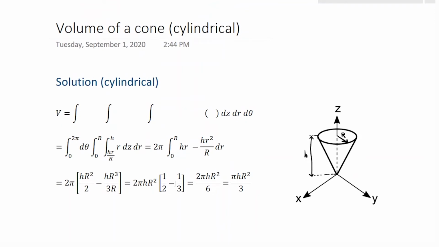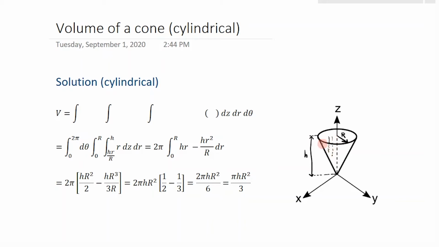Now let's do cylindrical coordinate integration. For this one, I wrote it in the order dz, dr, d theta. So the bounds on z are these final bounds that you need when you're integrating over vertical lines like this.